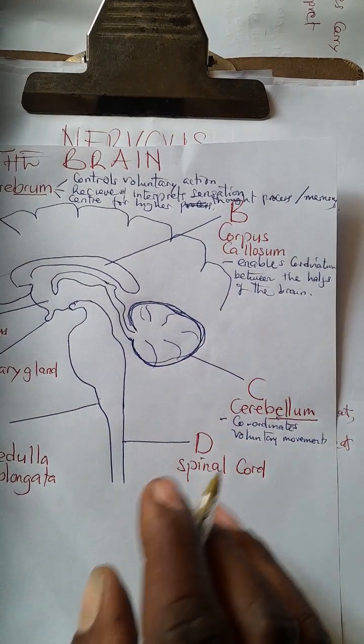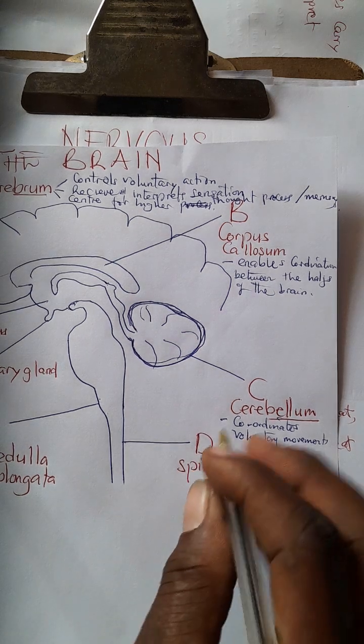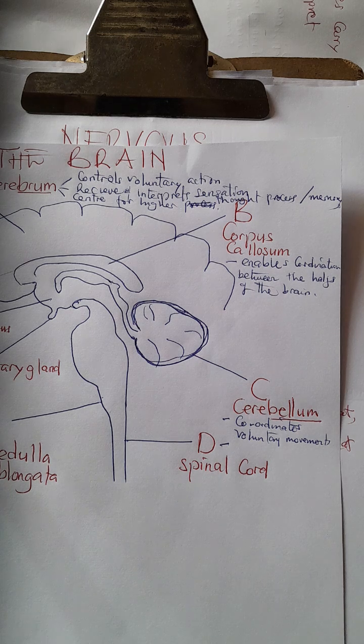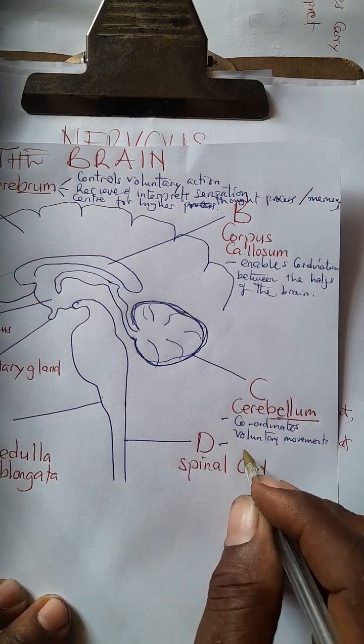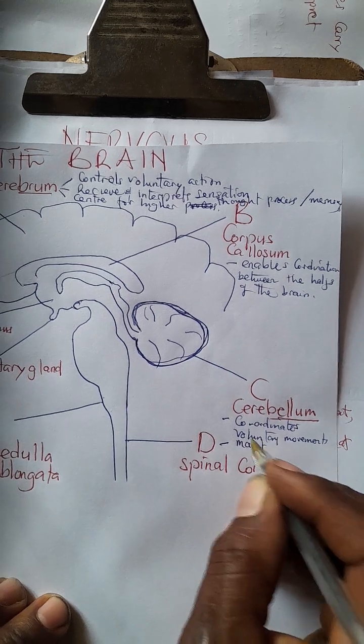You are able to walk and run, maintaining muscle balance and equilibrium. All these are able to happen because your muscles are coordinated, ubambisana, so that you are able to walk straight. Two, it also maintains balance.